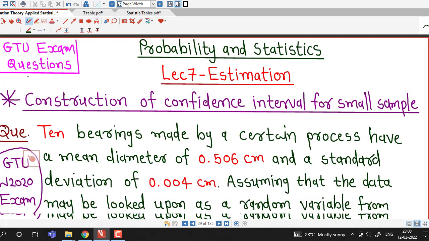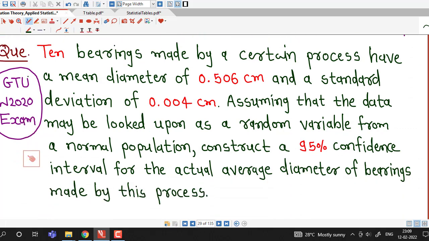So we discuss this question which was asked in GTU winter 2020 exam for the construction of confidence interval for small sample. First we understand what is this question.